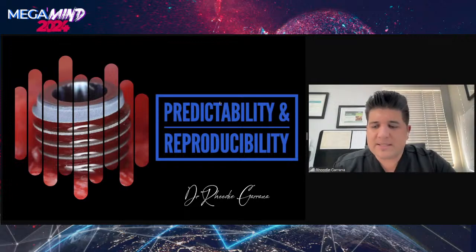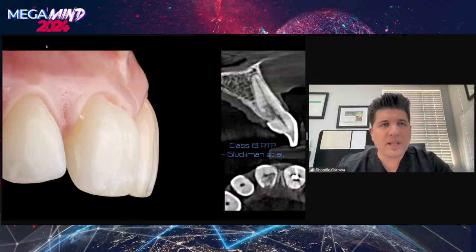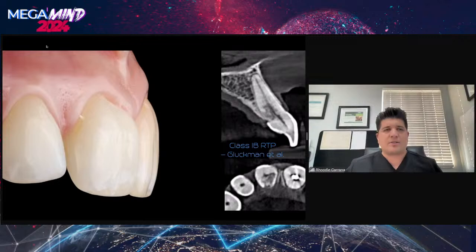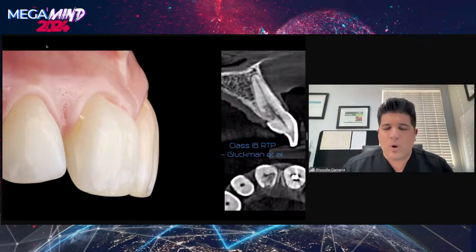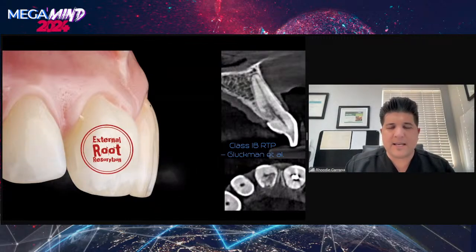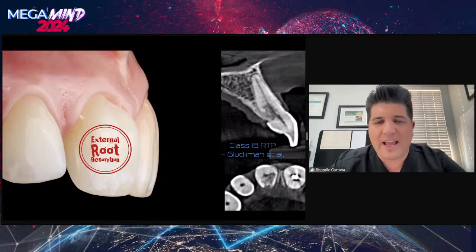To demonstrate the predictability and reproducibility, I'd like to share with you a case that I've been working on. It was a middle-aged female that presented to my office with a tooth 1-1 that exhibited radiographic signs of external inflammatory resorption, cervical resorption on the tooth.